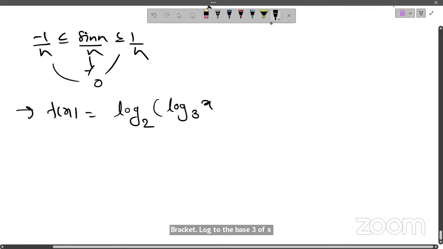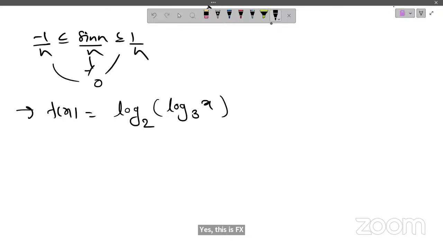This one. Yes, this is f of x. And there is another one called g of x, which is minus x square plus 4x plus 77.